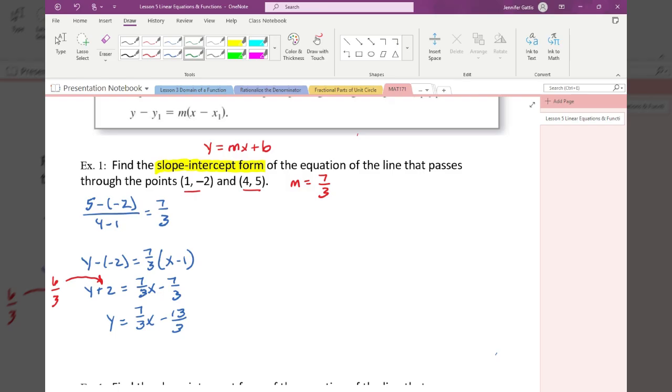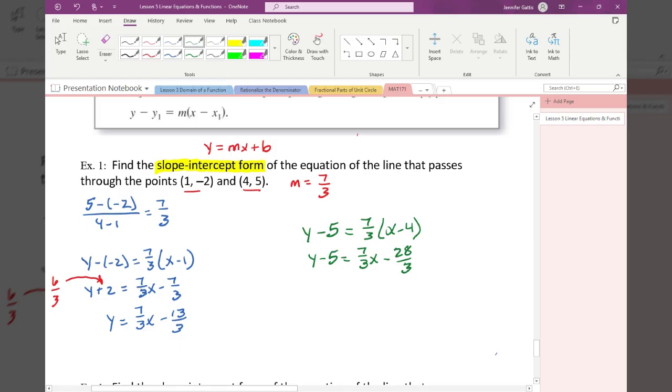Now let's look what this will look like with the other point. It's going to start out very different. Y minus 5 is equal to 7/3 times x minus 4. And at first glance, it doesn't look like these are going to be the same equation at all. I mean, we've got a 5 and a 4 where we had a -2 and a 1. How are we going to get there? So y minus 5 is equal to 7/3 x minus 28/3.